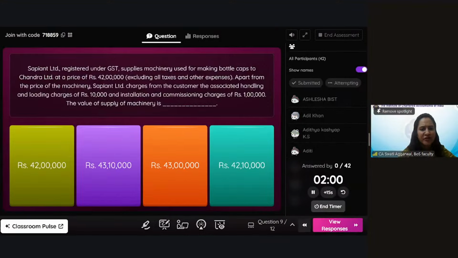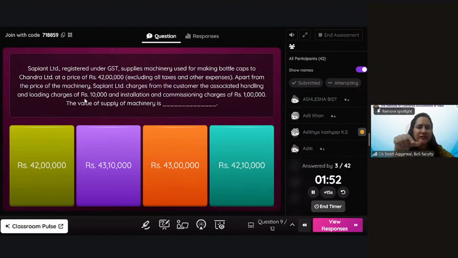And the next question is there on your screen. Sapient Limited, registered under GST, supplies machinery used for making bottle caps to Chandra Limited at a price of rupees 42 lakh, excluding all taxes and other expenses. Apart from the price of the machinery, Sapient Limited charges the customer associated handling and loading charges of 10,000 and installation and commissioning charges of rupees 1 lakh.